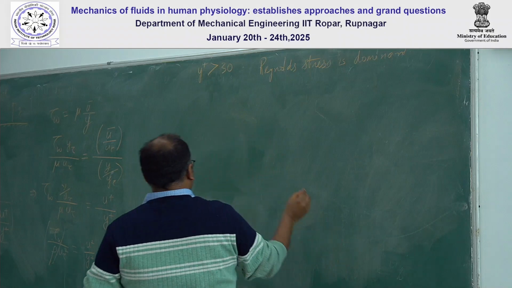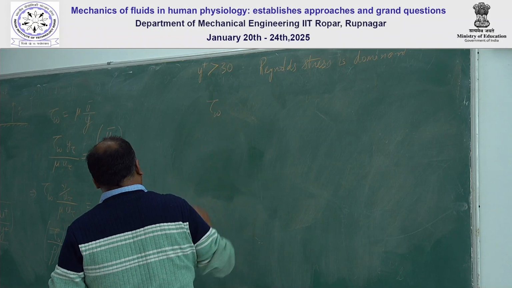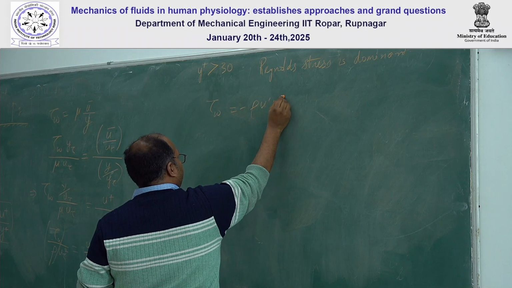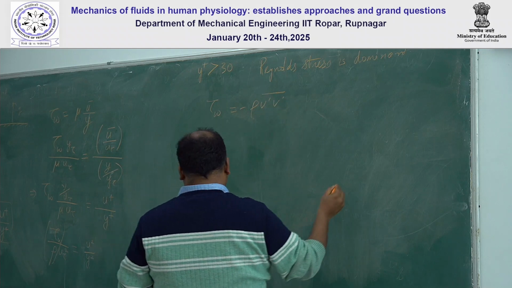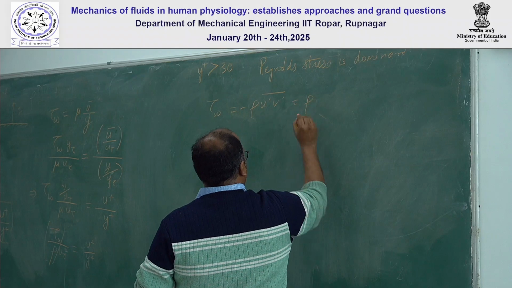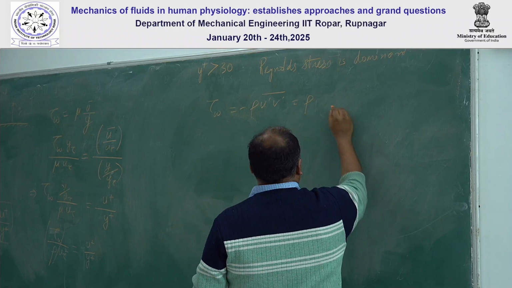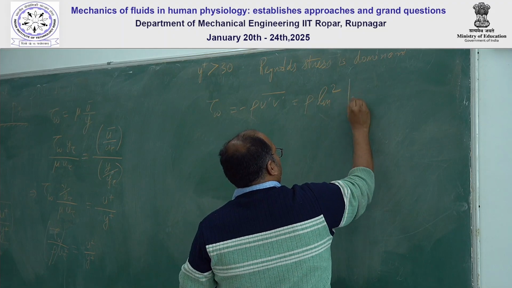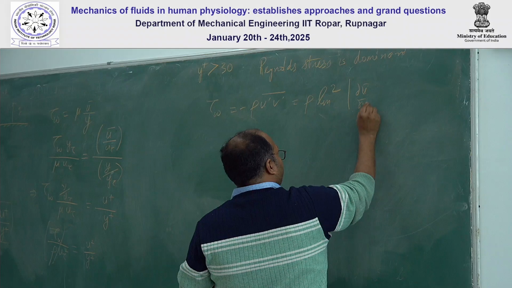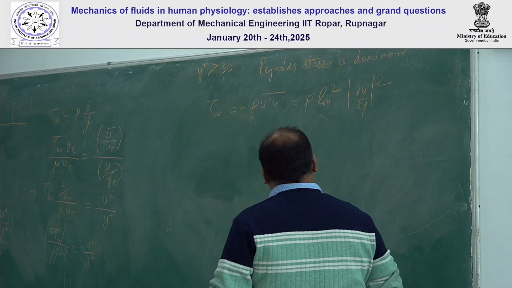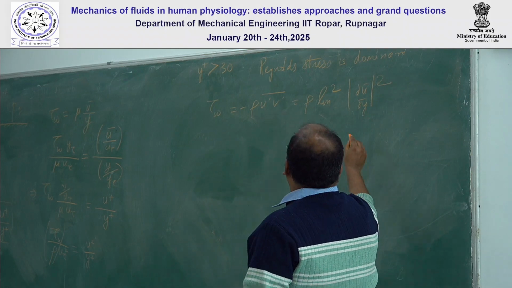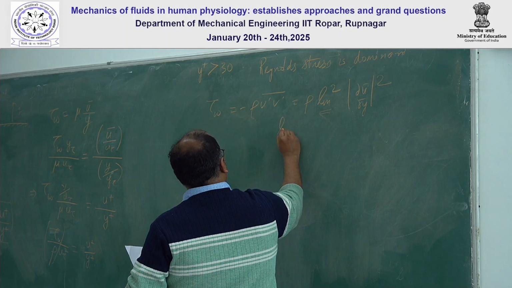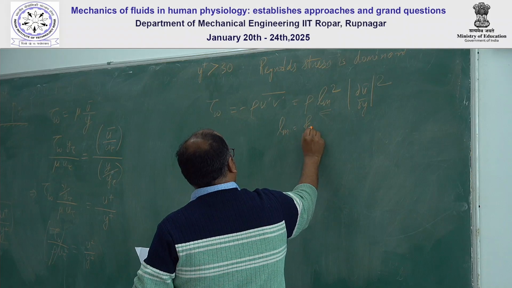We can write the contribution of the wall here: minus rho u' v', and we can use the mixing length concept, so rho l_m squared (del u bar by del y) squared, and we'll use the formula involving the Karman constant. So you can write l_m equal to k y.